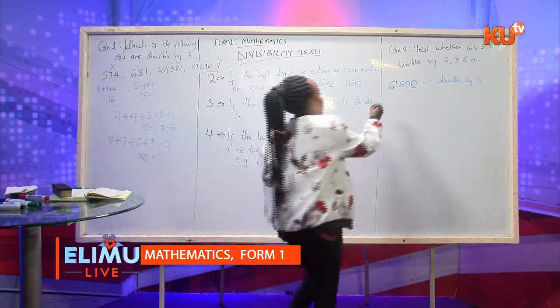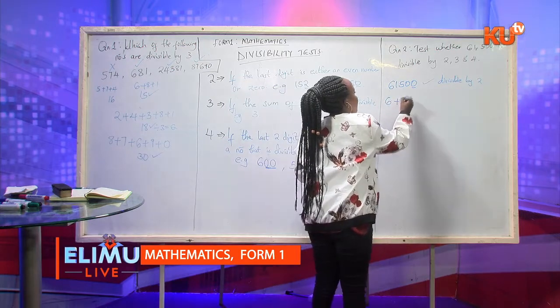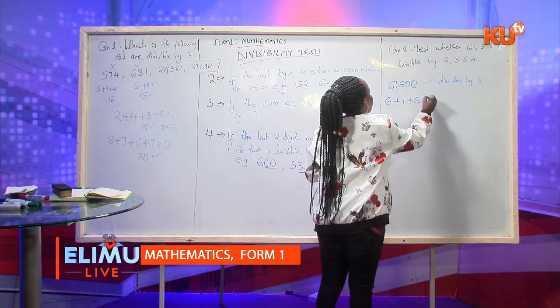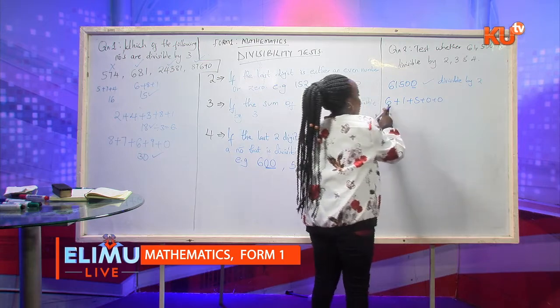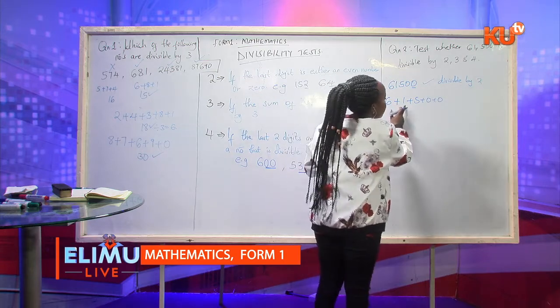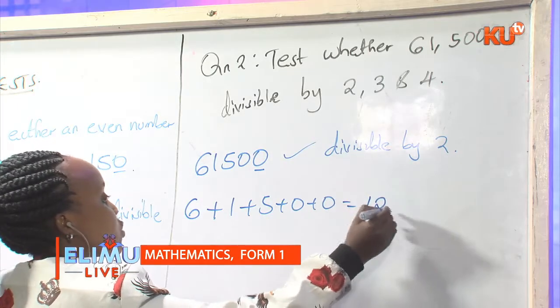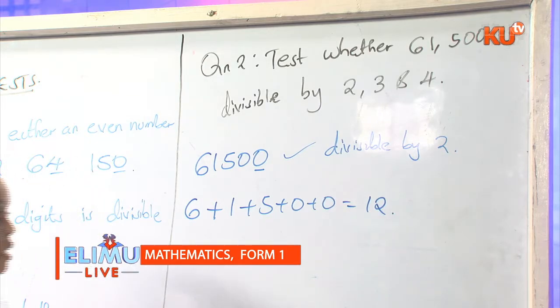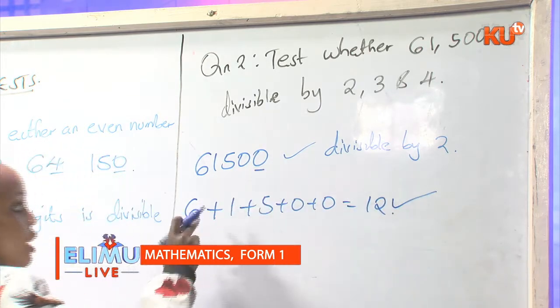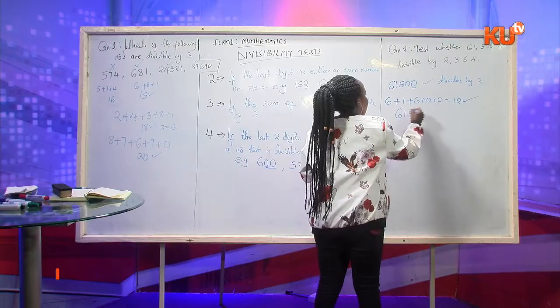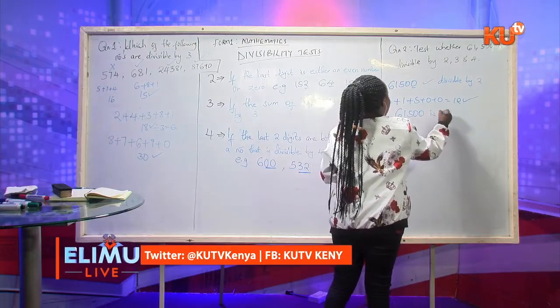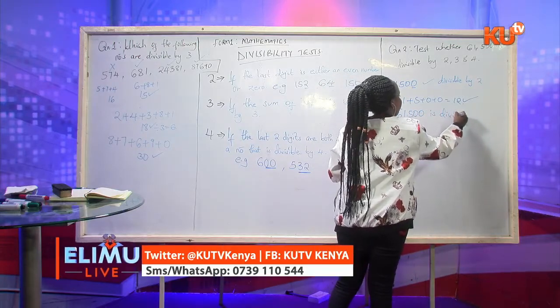So we add up 6 plus 1 plus 5 plus 0 plus 0. 6 plus 1 is 7, 7 plus 5 is 12. 12 is divisible by 3, meaning our number 61,500 is divisible by 3 also.